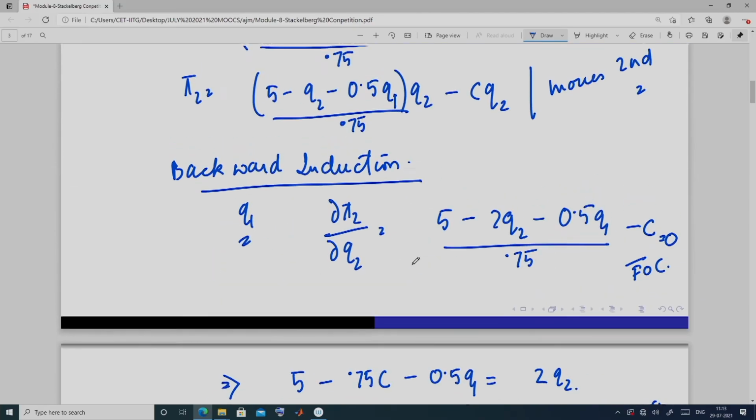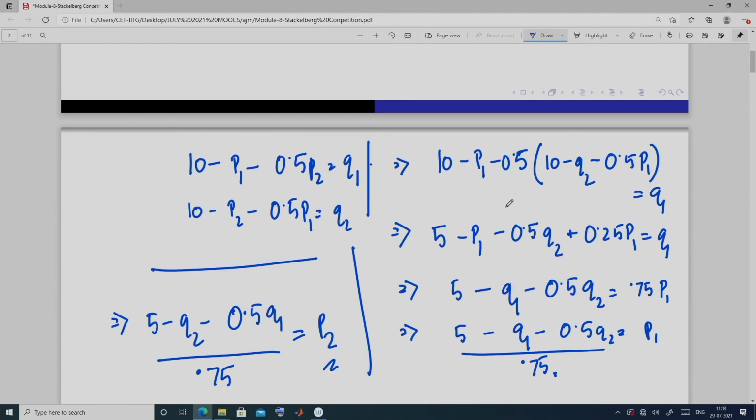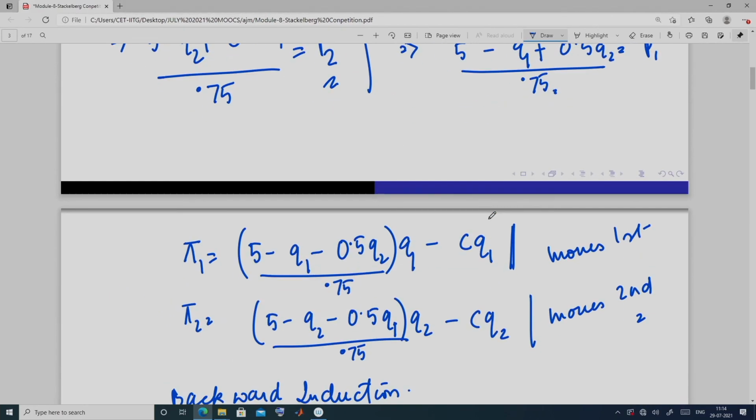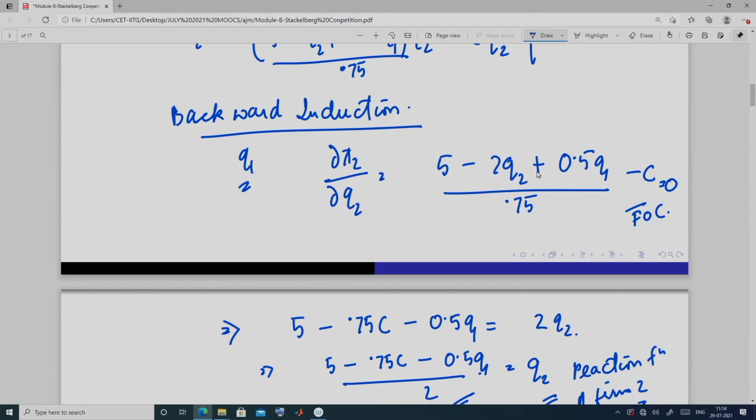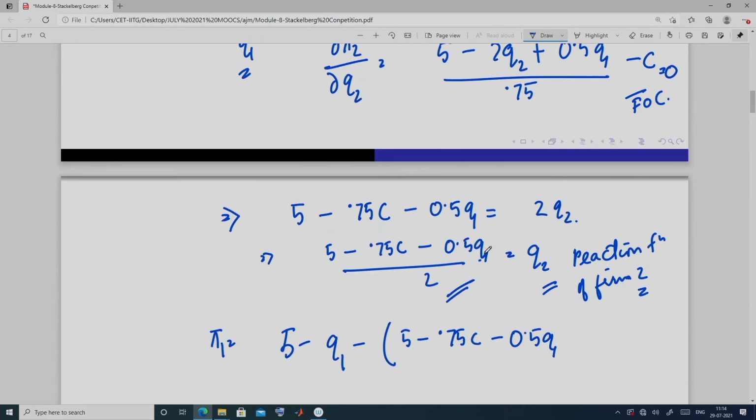Just wait a minute. Okay, this should be plus. I have made a mistake. See, this is plus, so this is plus. Okay. So, it will be plus here, it will be plus here, plus here.